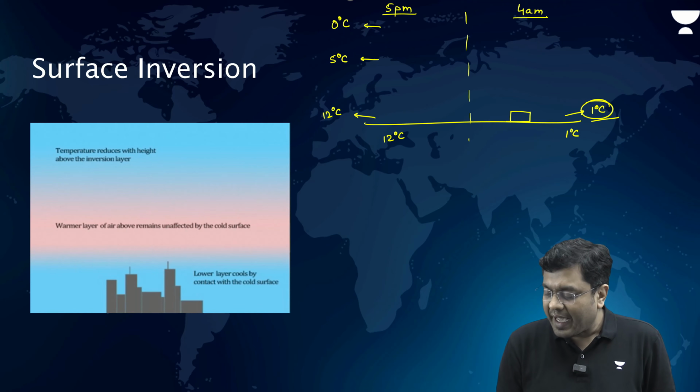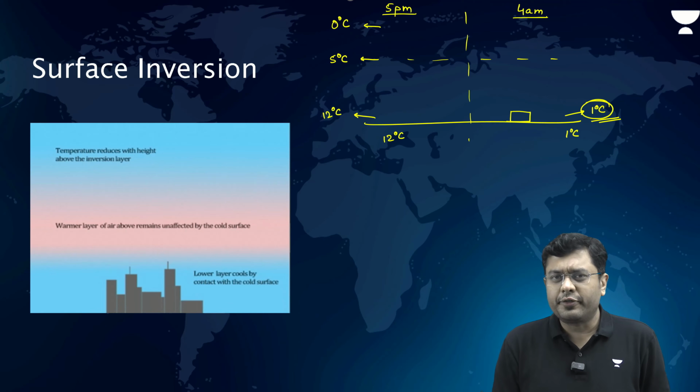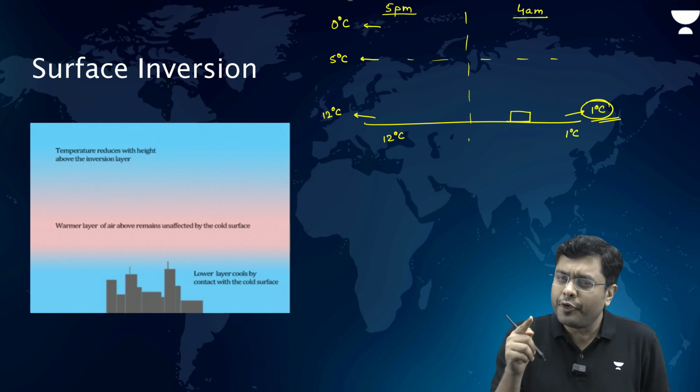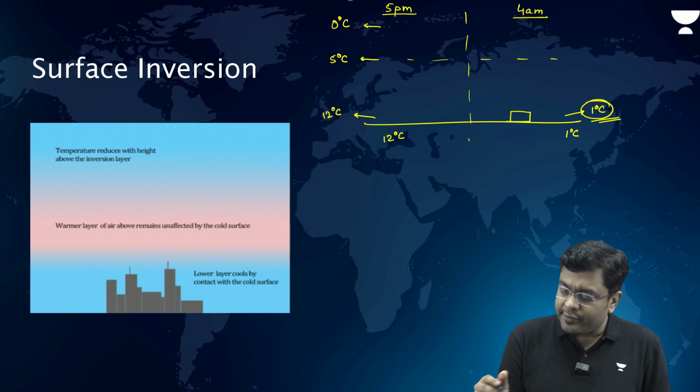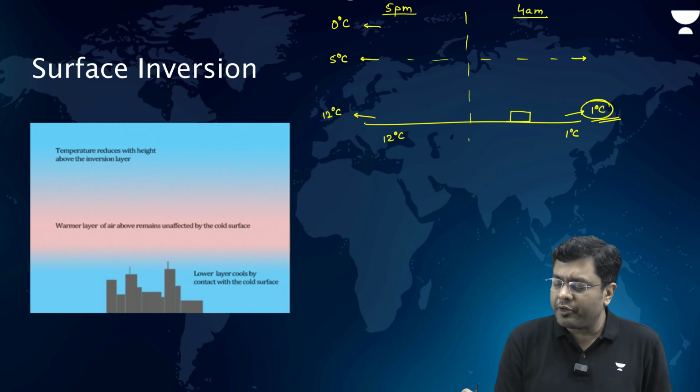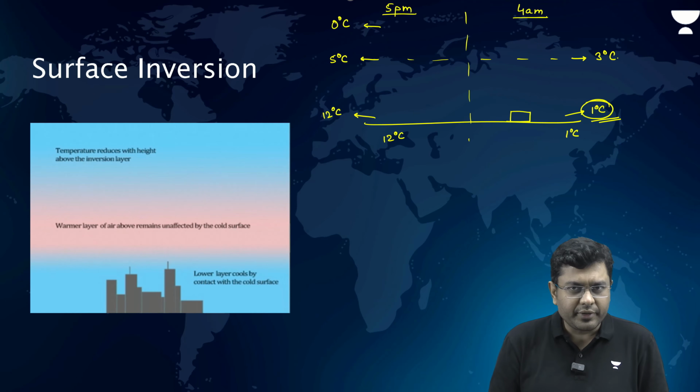Now, at the higher level there will be loss of heat, but will it be that substantial? No. First of all, air is not a good conductor of heat, and secondly, it is not in contact with the ground surface. So let's suppose here also cooling has happened from 5 p.m. to 4 a.m., and the temperature has dropped from 5 degrees Celsius to 3 degrees Celsius.